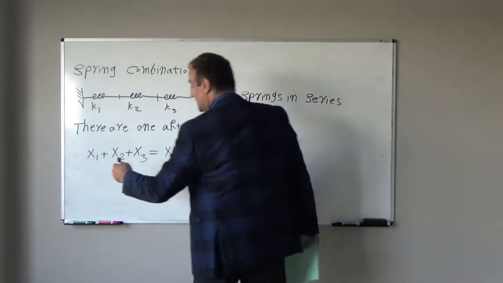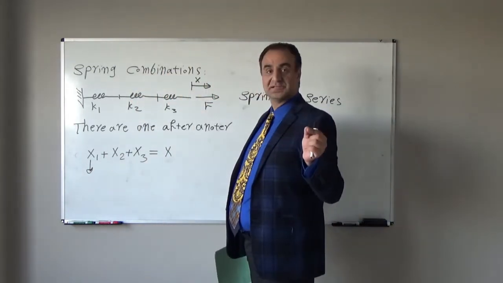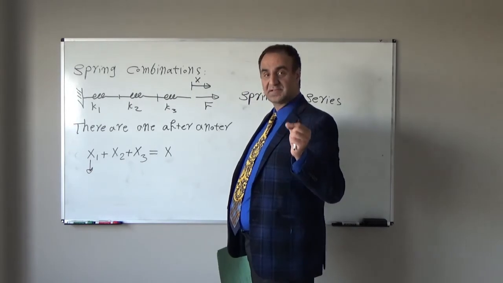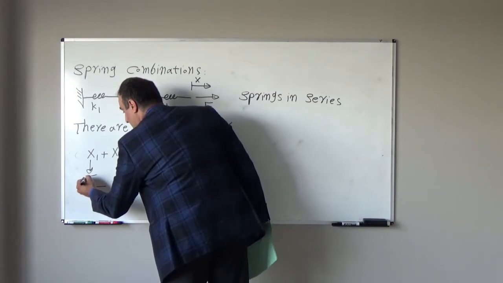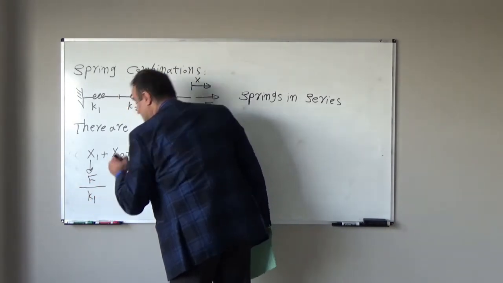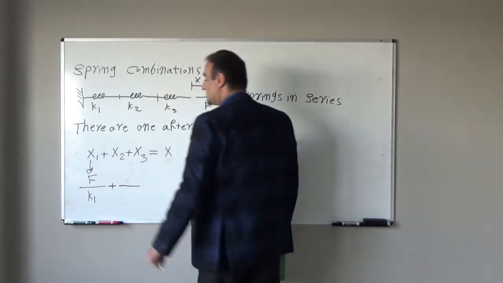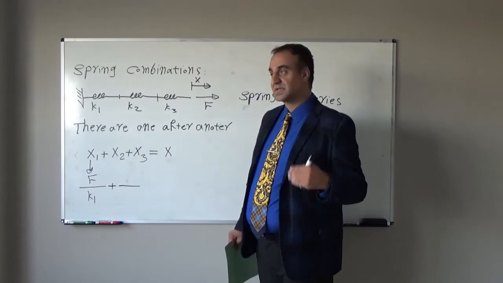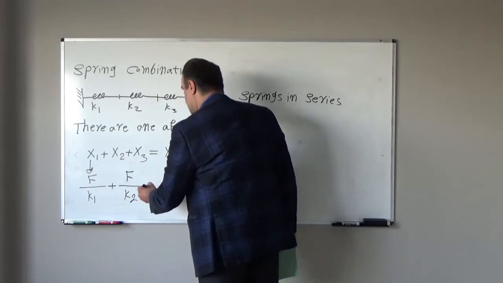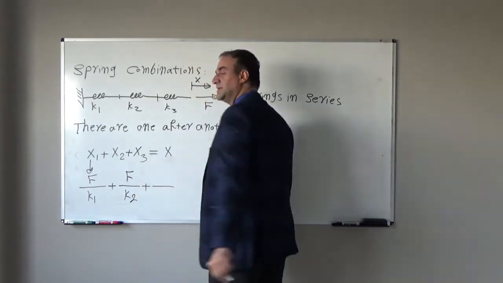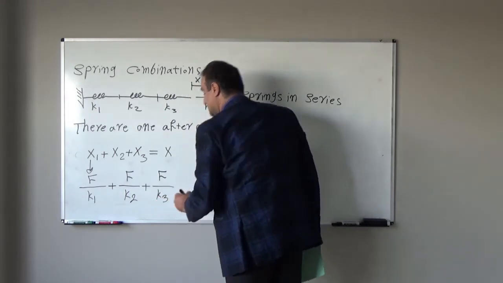So here, what is the deformation in spring 1? Deformation in spring is equal to force divided by stiffness. So deformation in spring 1 will be force in spring 1 divided by stiffness of spring 1, so F over K1, plus deformation in spring 2, which is force in spring 2 divided by stiffness of spring 2, F over K2, and deformation in spring 3, F over K3.